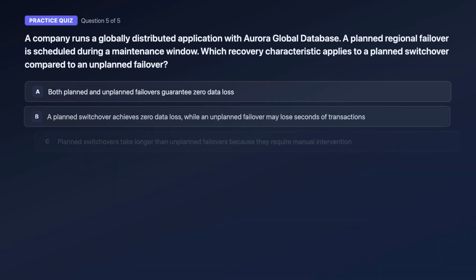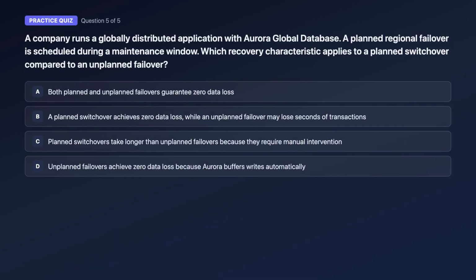Last one. A company runs a globally distributed application with Aurora Global Database. A planned regional failover is scheduled during a maintenance window. Which recovery characteristic applies to a planned switchover compared to an unplanned failover? A. Both planned and unplanned failovers guarantee zero data loss.